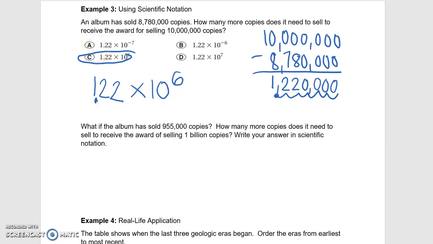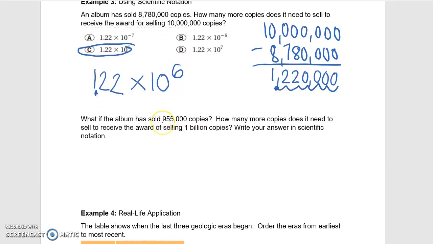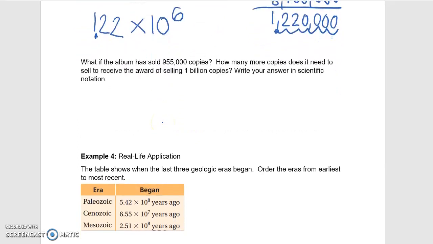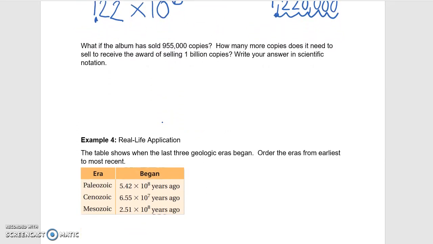Moving on. What if the album has sold 955,000 copies? How many more copies does it need to sell to receive the award of selling 1 billion copies? Write your answer in scientific notation.